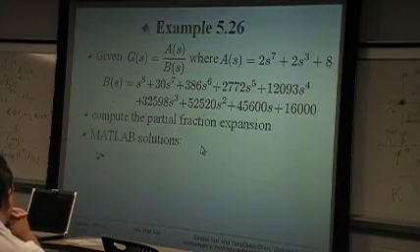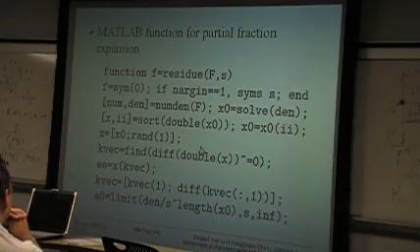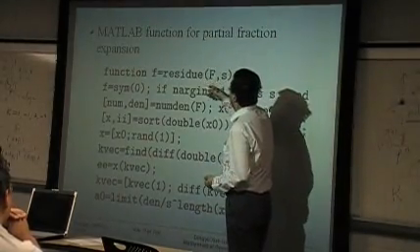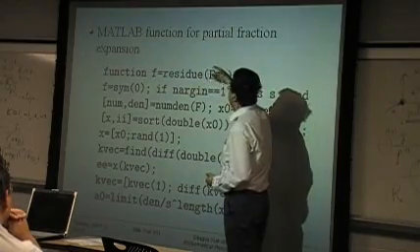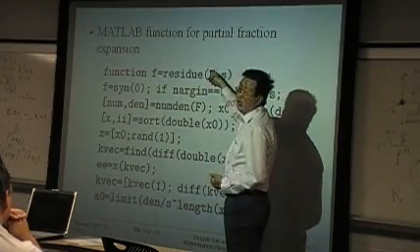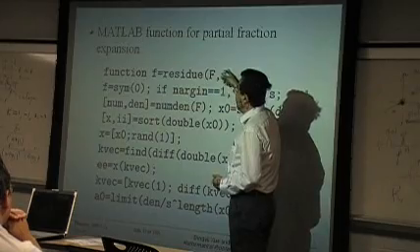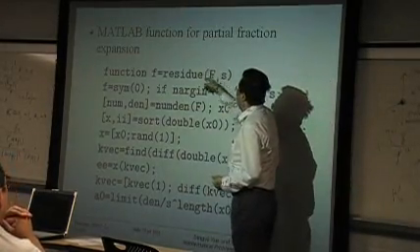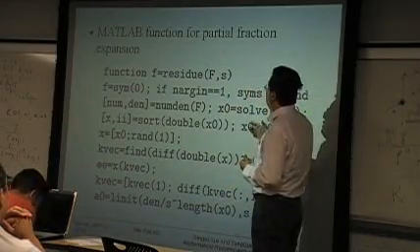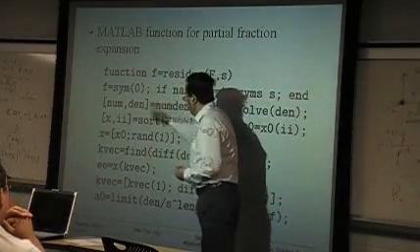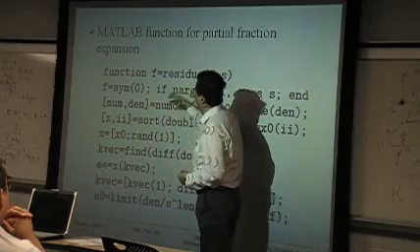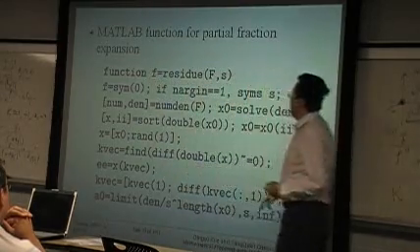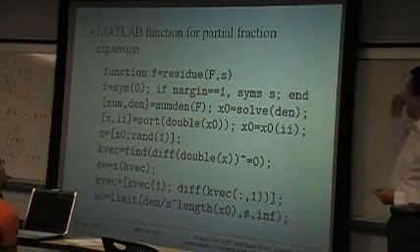Based on the same function, I wrote a Matlab function like this, where we can describe the original rational function in a symbolic way. And here we have an independent variable s. We can easily use this Matlab code to find the partial fraction expression, small f, directly.